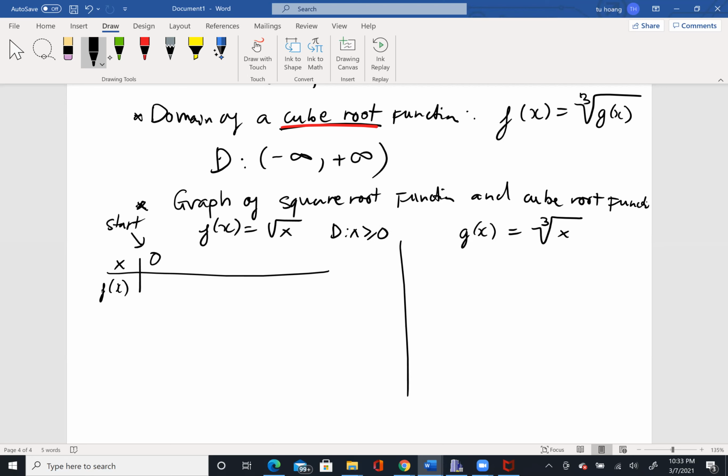So I start with 0, and f of x is square root of 0, which is 0. And 1, it's square root of 1, which is 1. Then 4, square root of 4 is 2. What else? 9 and 3, right? Up to 3 is enough.